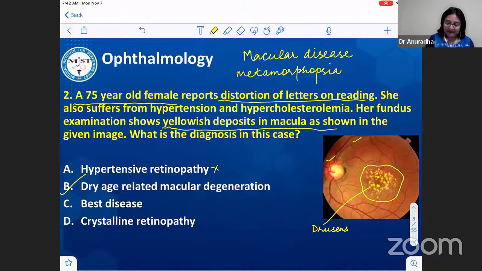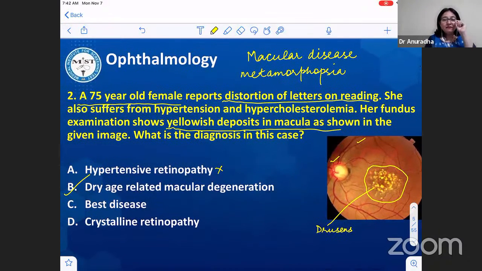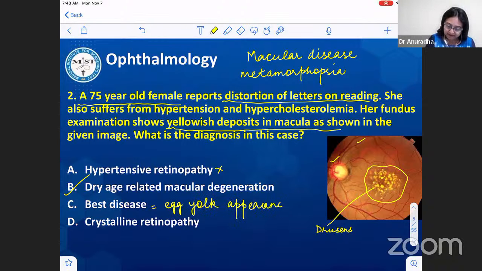Okay. Then Best disease. In Best disease, we see a single egg-yolk-like yellow spot in the macula. Remember, the egg yolk appearance in the macula is seen in Best disease. This is not what you are seeing here. Then D, crystalline retinopathy.